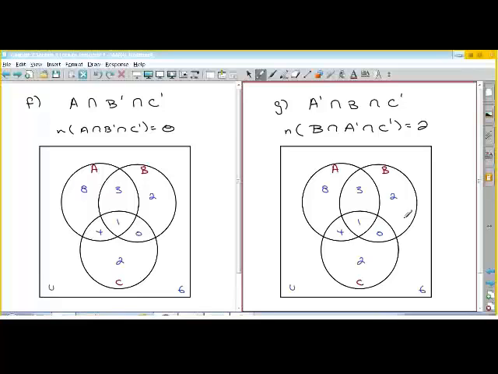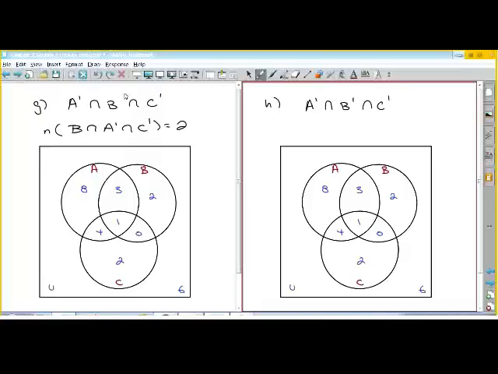The only one we don't have is this one. That's the number of elements that are in the universal set but are not in any of the 3 sets that we have defined. So the way you do that one is the last one. So if you do the intersection of all the complements, so if I take the cardinal number of A complement, B complement, C complement, that's going to be equal to 6.